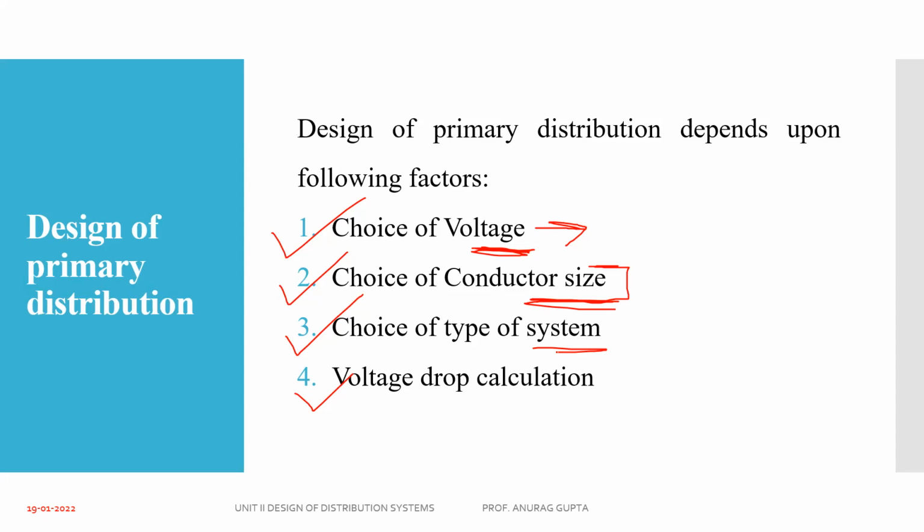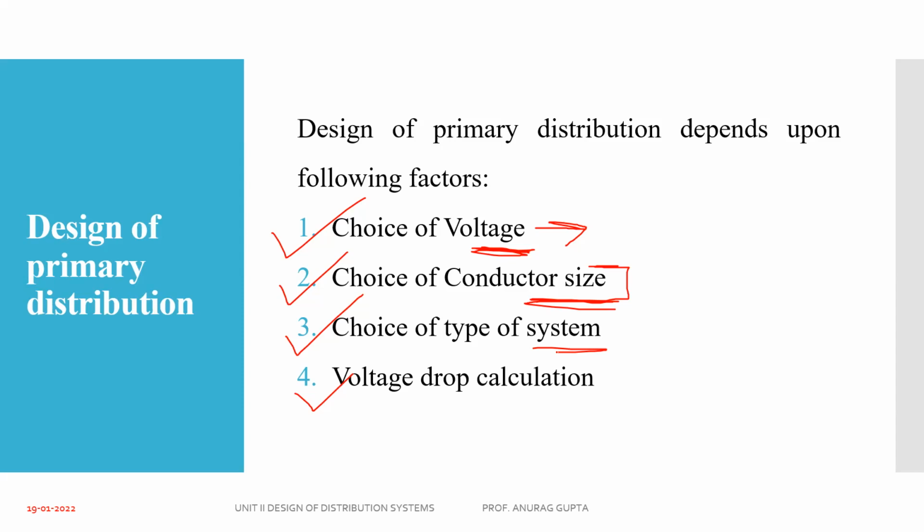Clear? Suppose we are talking about an industrial load. Industry, of course, requires power at any cost, because we cannot shut down the power at that site. So of course we will provide either a parallel feeder or a network feeder, that is, an interconnected feeder. As I've already discussed in the classes, in a radial system we are providing power only in one direction, without any parallel feeder or interconnected system.